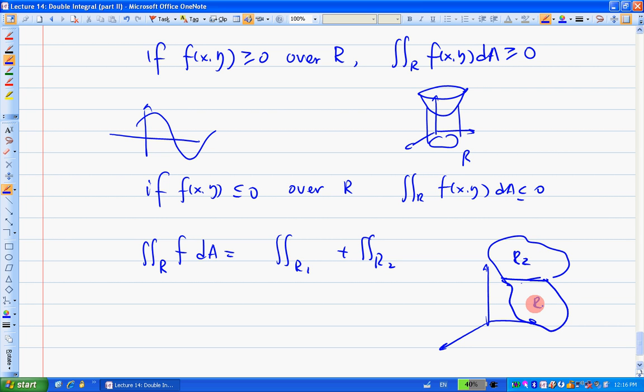This is R2, this is R1. I'm just drawing the XY plane, not 3D. Then you can separate this double integral into the two regions. It's basically like a single integral here. Same idea.